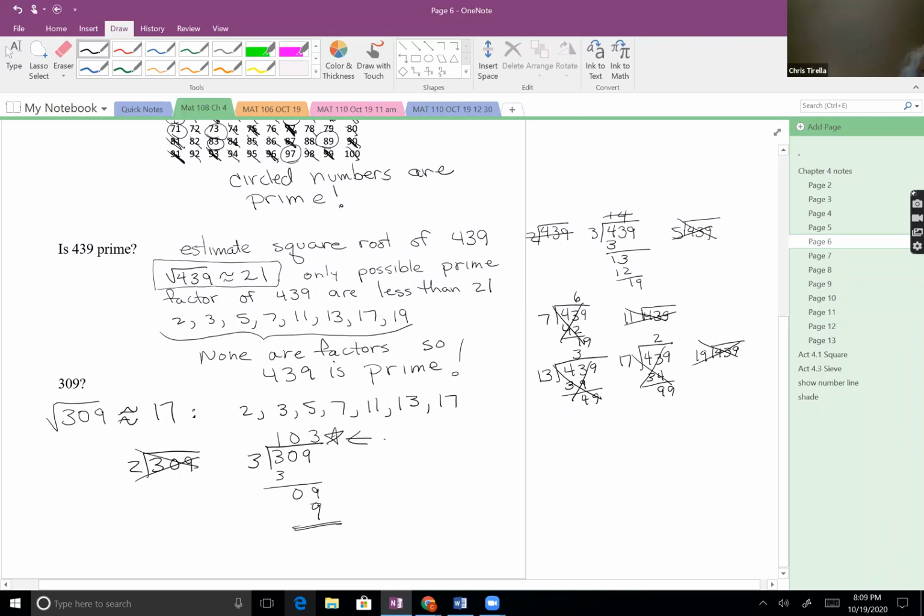And so this one, because it goes in, we know that 309 is not prime because 3 is a factor. But that seems a bit much.